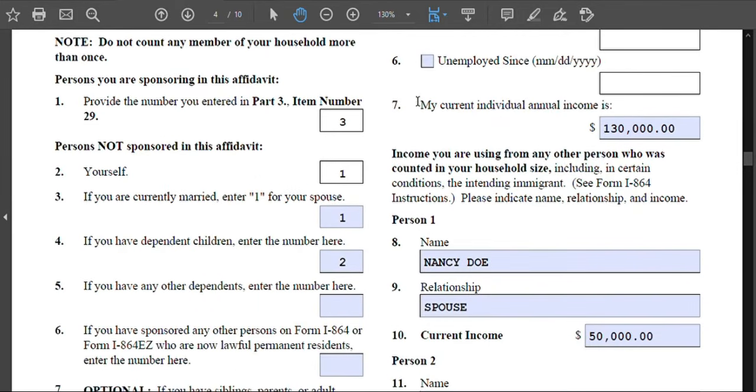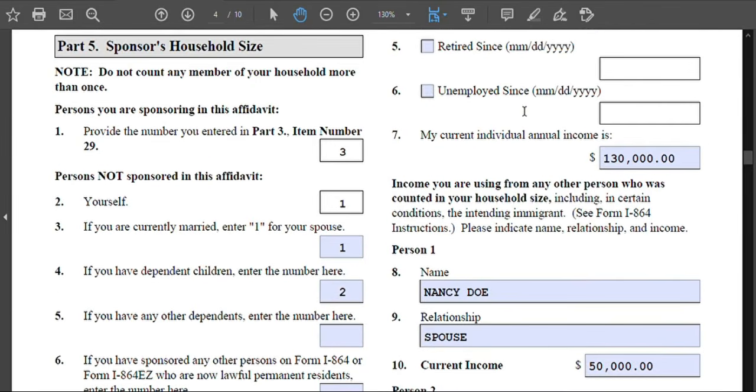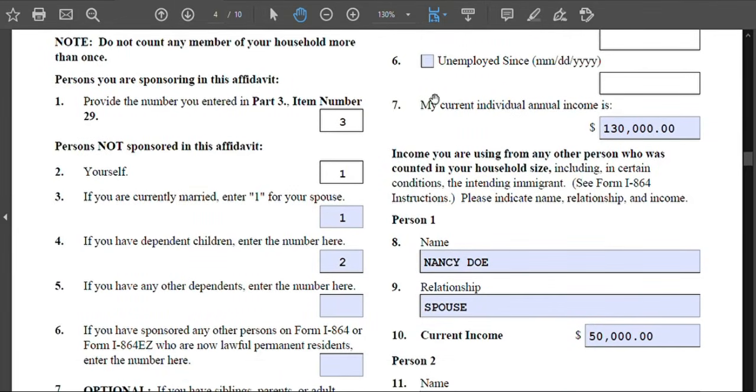So part 6, question 7 is a part where a lot of people frequently have questions, and that is including your current individual annual income. So in my I-864 playlist, I do explain specifically these parts about reporting income on the affidavit of support, but for the purposes of this video, you need to remember that this is asking for current, meaning in the year during which you are submitting this affidavit of support. So right now we are in the year 2021.